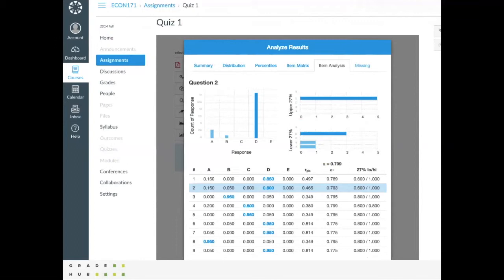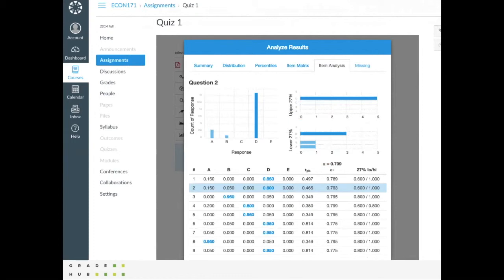You can see that 15% of the students responded with A, and you can see that graphically in the chart above. It's a great visual to help you see the pattern of response. I also like how the correct answer is in bold, so you can see that most people responded D, and that was the correct answer. That's very easy to see.